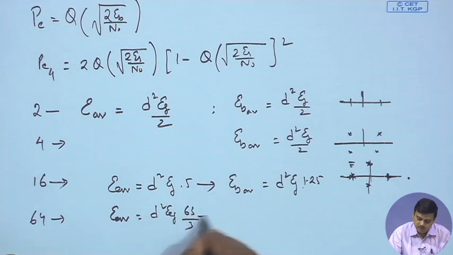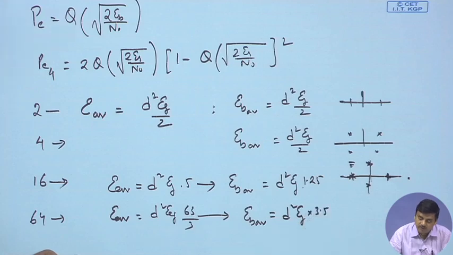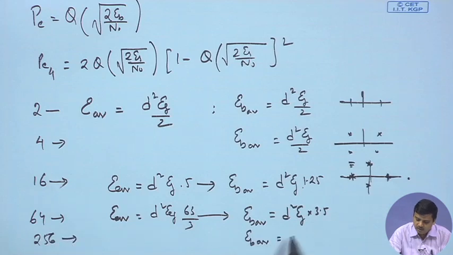Of course, you can do this calculation yourself. Eb average turns out to be d squared Eg multiplied by 3.5, and if we go for 256 QAM, Eb average turns out to be d squared Eg with a factor of 10.625.